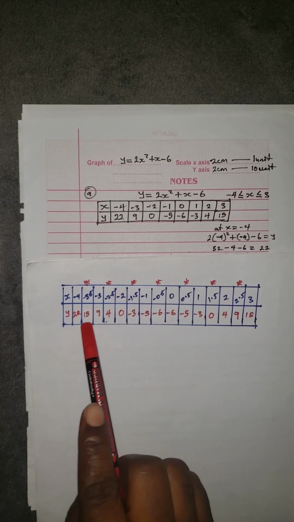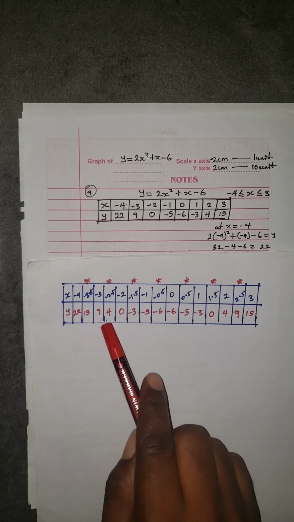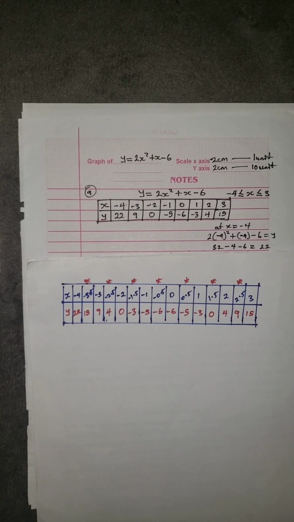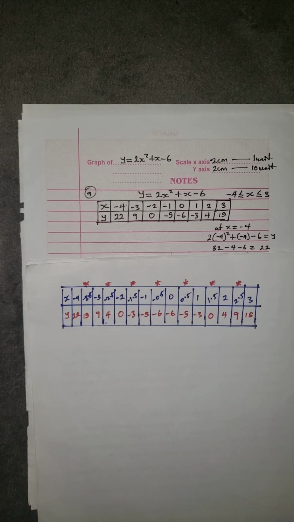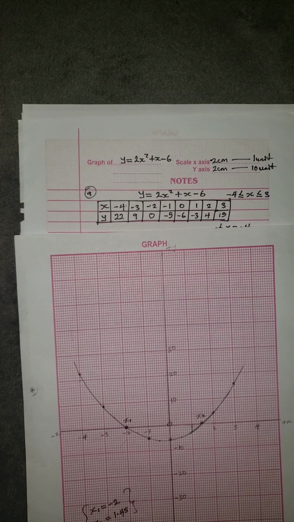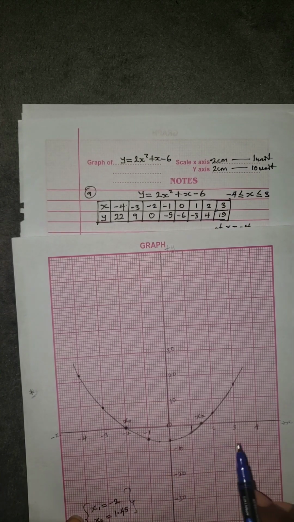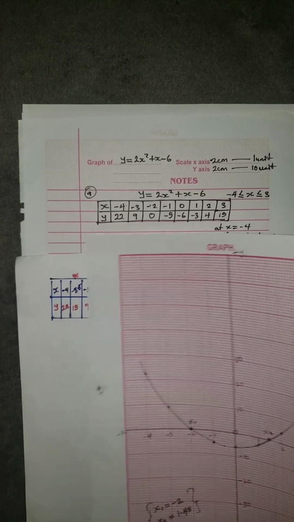So I now fill in for -0.5, -2.5, -1.5 and the other 0.5s. Okay, so you can see that I've gotten all the values. Now with this, I can go to my graph. Instead of having all these points that are far from each other, I will be having close points. So let me go to my graph and plot that.